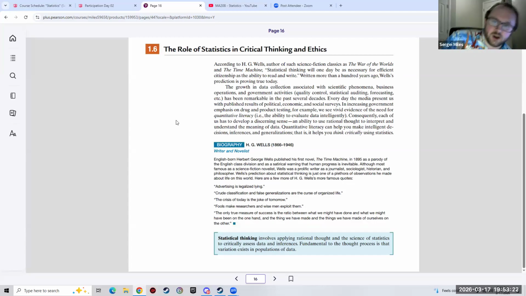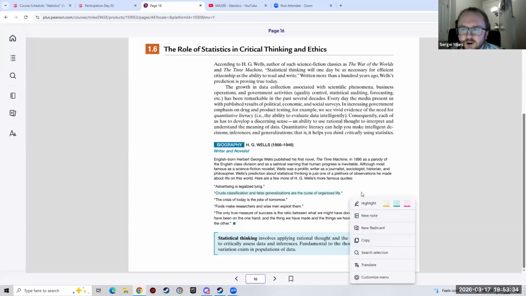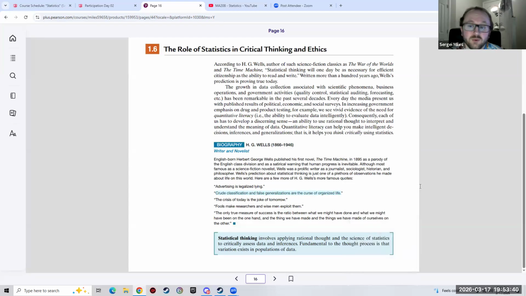One thing we have to watch out for, and this is also highlighted by the philosopher and writer H.G. Wells, who stated, crude classification and false generalizations are the curse of organized life, which, unfortunately, is something we run into day to day, all through society.